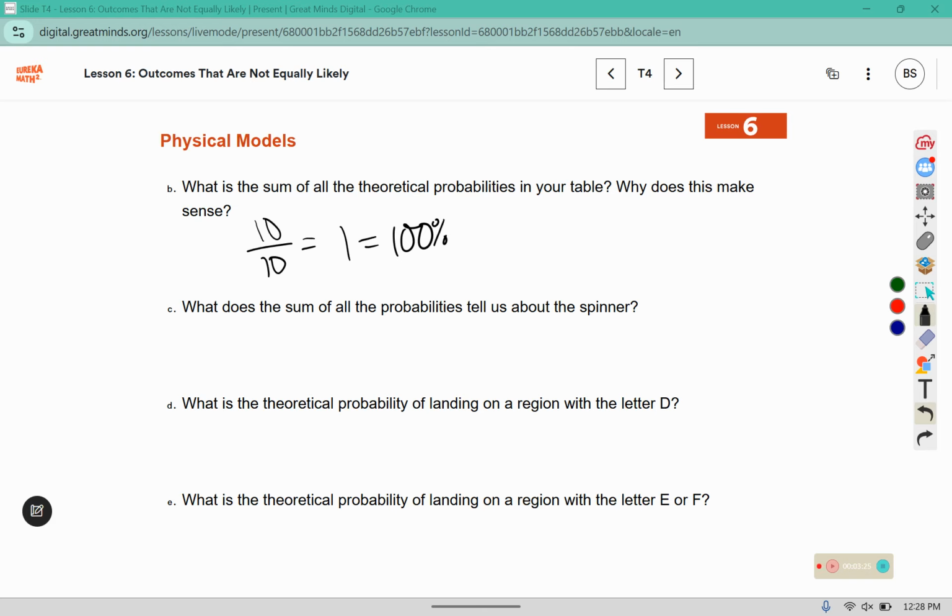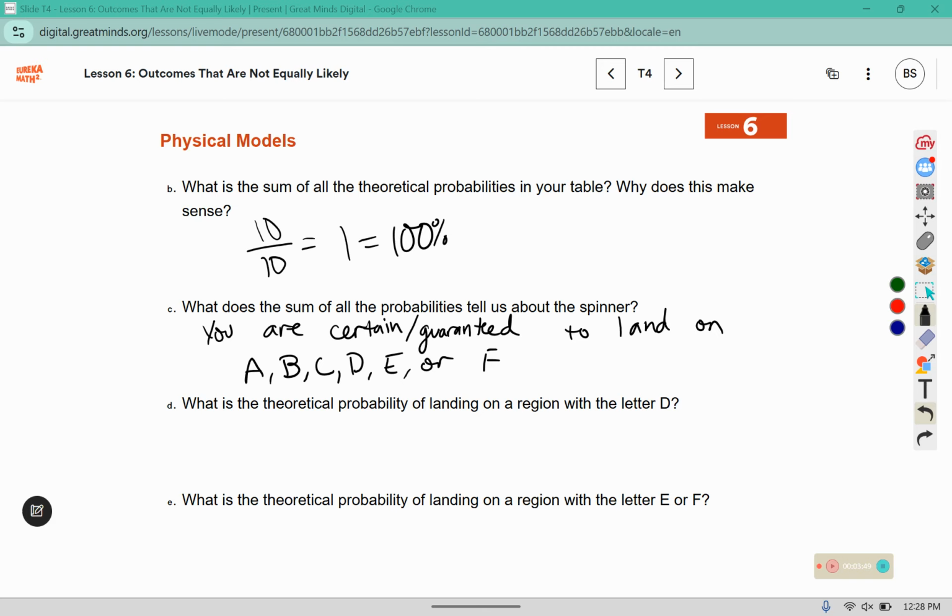Well, the probability of 1 means that it's certain, or guaranteed, to land on A, B, C, D, E, or F.